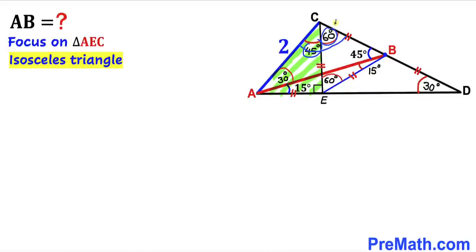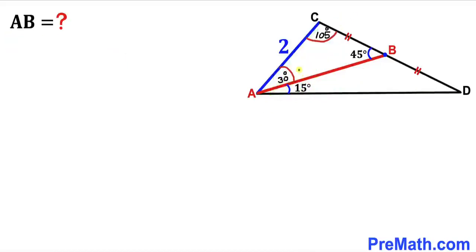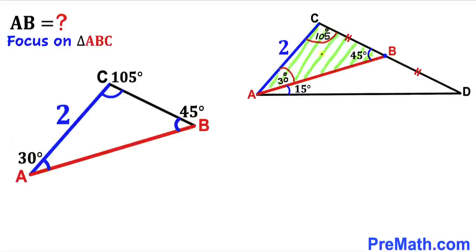That is going to make 105 degrees. So therefore we conclude in this triangle ABC, this angle is 30 degrees and this angle turns out to be 105 degrees.